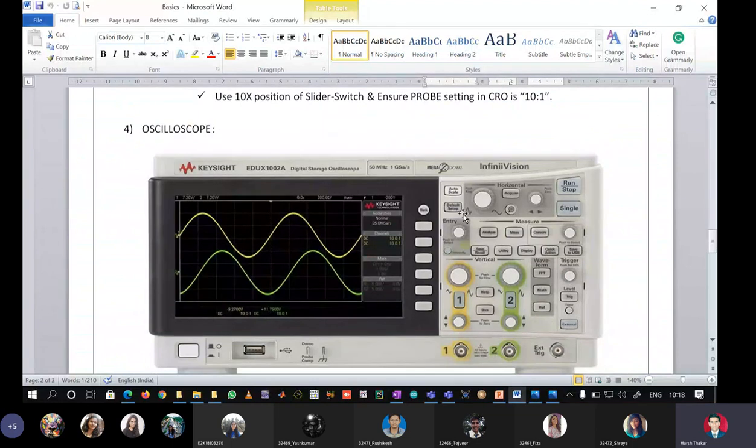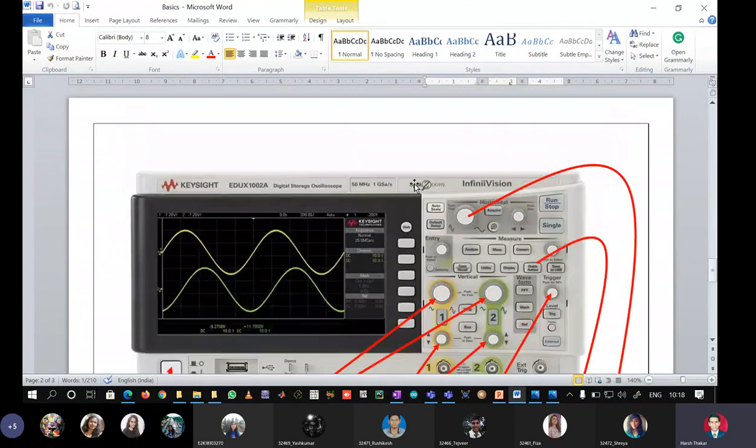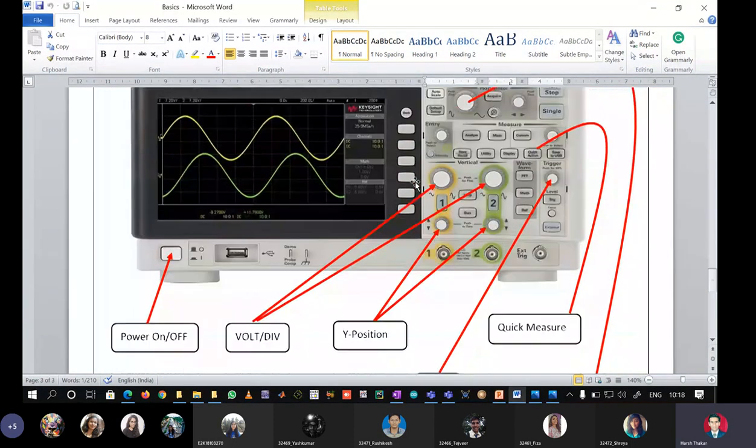Yeah, this is what I meant actually. This is the second oscilloscope make which we are using in the PE lab, that is Keysight, and as I told you, they are similar to the Tektronix. Voltage per division knobs are there, as many knobs as channels. Then we have Y position controls, if you want to move the waveforms above or below each other in order to have some relative phase relationship.